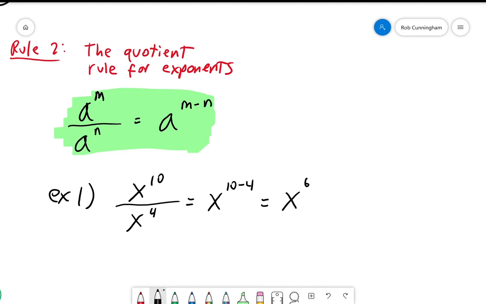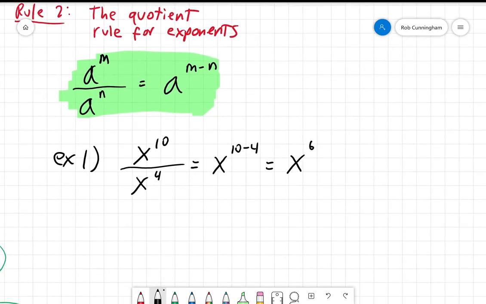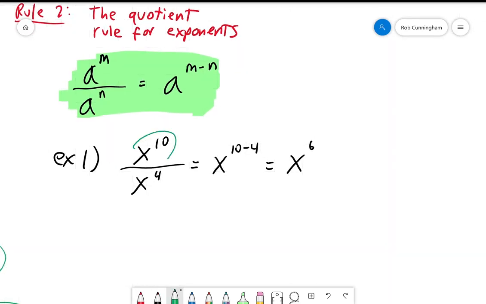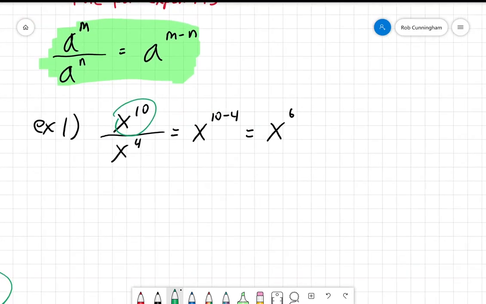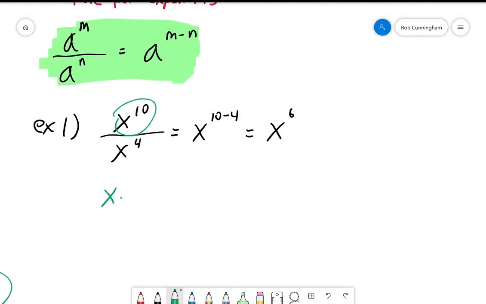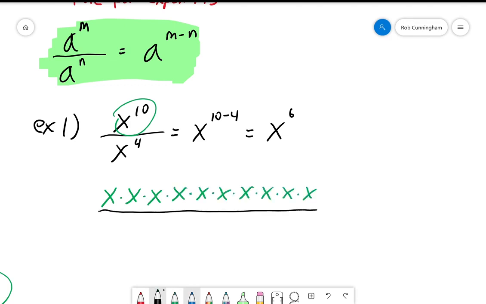Now again, like with rule 1, let's actually dip into why this is what it is, okay? So we're going to take this x to the 10th, and we're going to break it down. It is the same as x times x times x 10 times. And on the bottom of this fraction, we've got x to the 4th. Now that we've spread these out as far as they can go, we can start seeing why this subtraction happens.